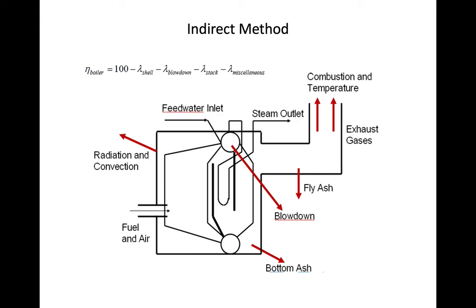The most complete indirect method, for example, we can refer to the American Society of Mechanical Engineers ASME Power Test Code 4. This is for coal boilers.